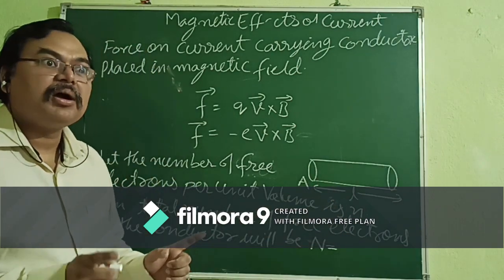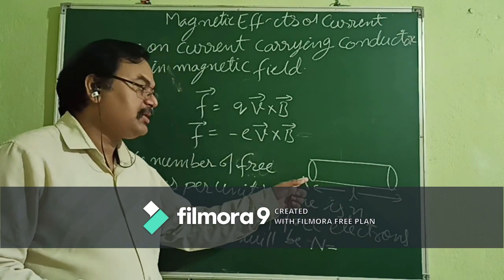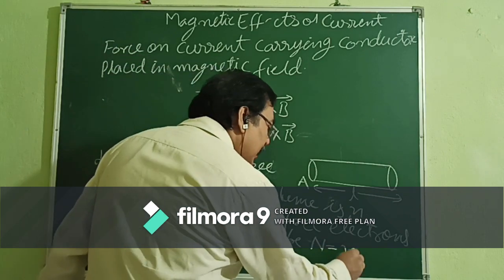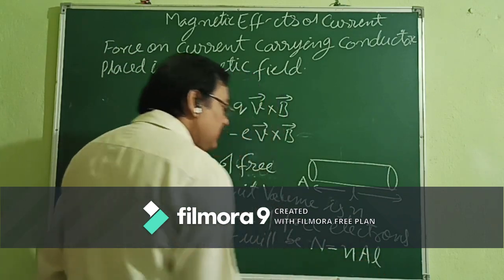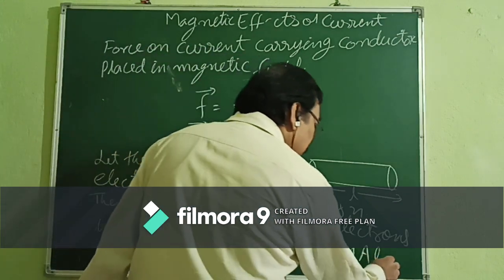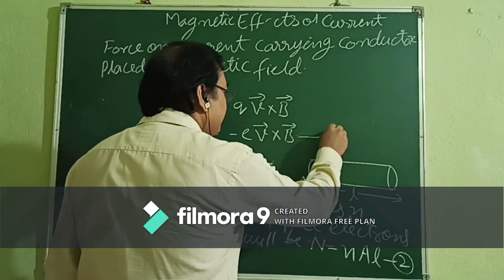The conductor is in cylindrical form, so its cross-sectional area into its length gives its volume. So we can write N = nAL. This is the total number of electrons. Let us mark this as 2 and the earlier one as 1.